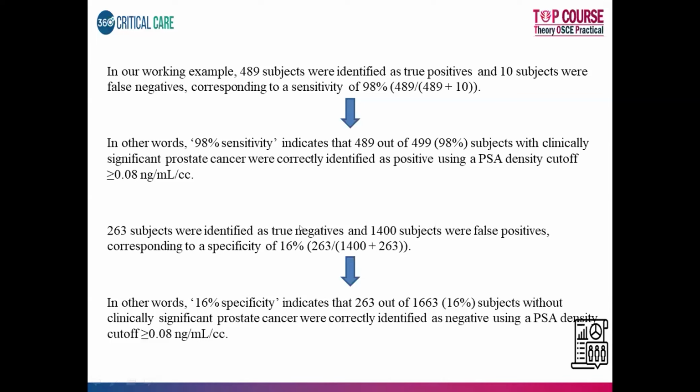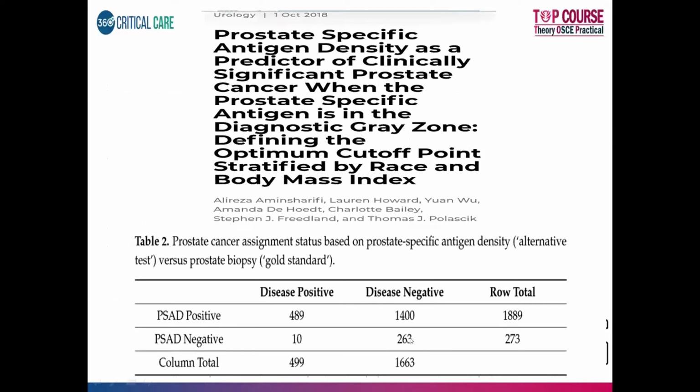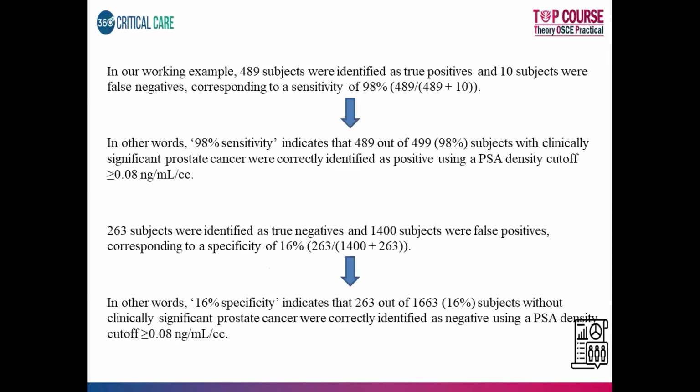Now coming to the specificity. How do you calculate specificity? It is true negatives divided by true negatives plus false positives. The true negatives were 263, so 263 divided by 263 plus 1400.